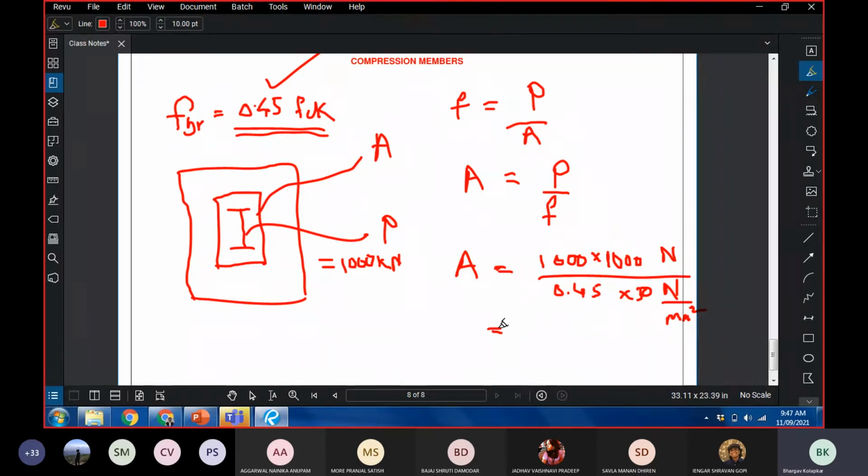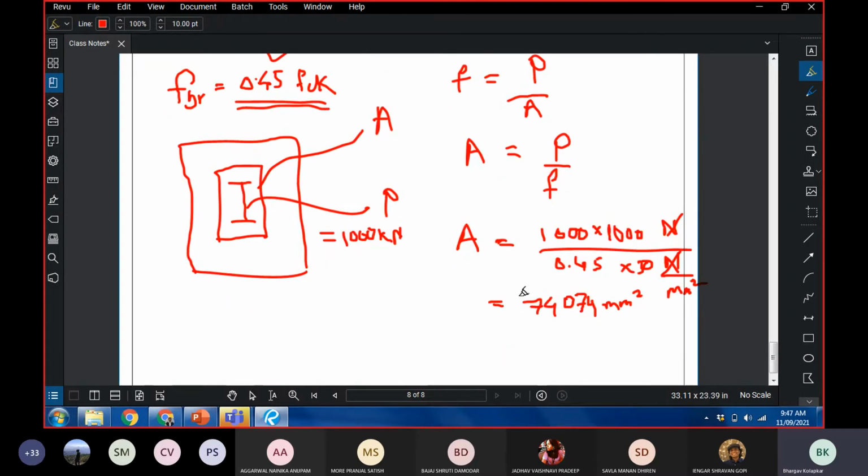So if I quickly solve this, what I get is 74074 mm square. Here Newton gets cancelled, so make sure that you are doing it in the right units. So this is the area of the plate that you have to provide in plan.